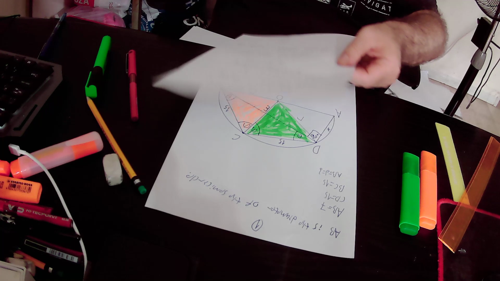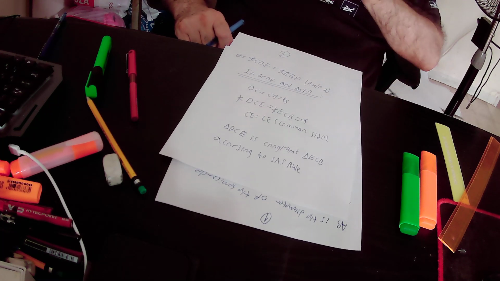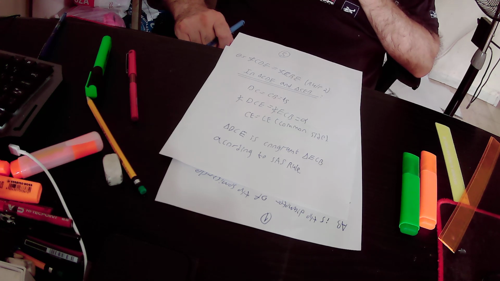Again, the green triangle DCE is congruent to the orange triangle ECB according to the side angle side rule.